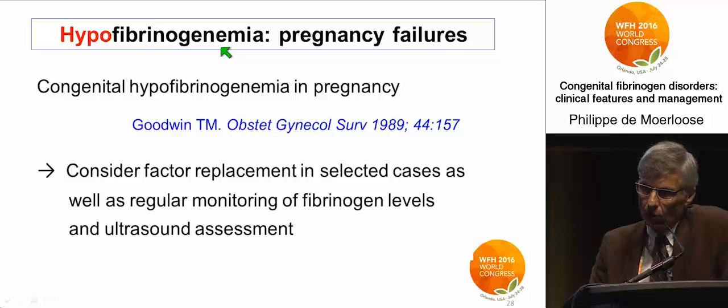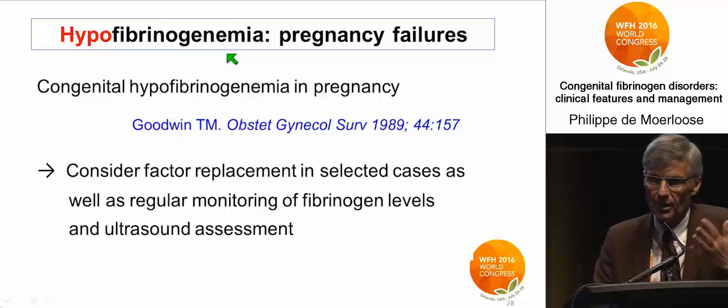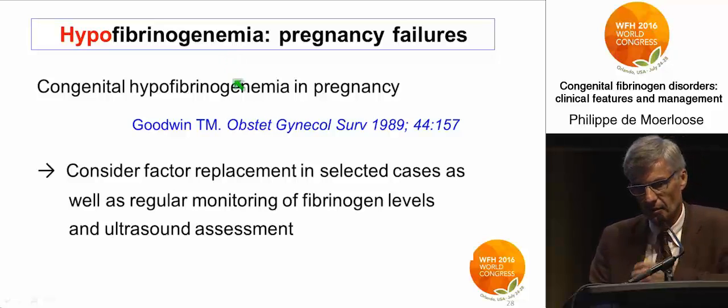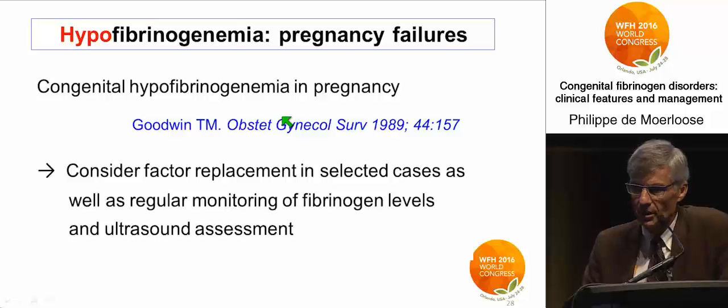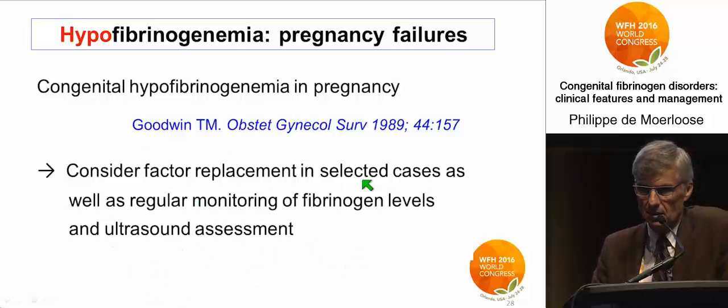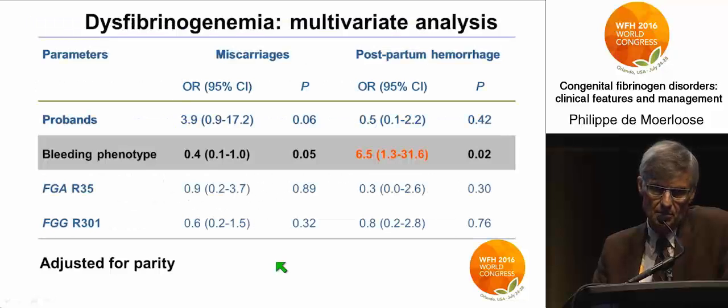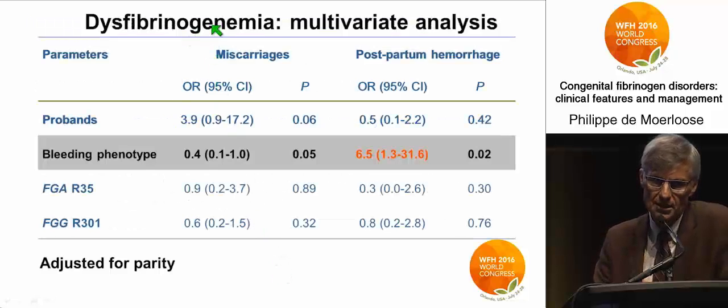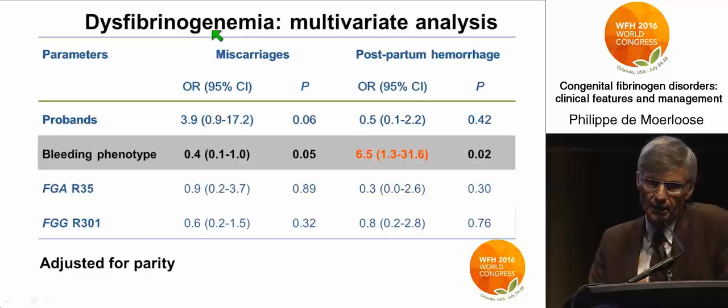Hypofibrinogenemia women can also have a problem with pregnancy. Usually we think that a 1 gram level is enough. It's not true. There are some women that we follow who are just unable to carry on a pregnancy, and when you substitute them, it was possible. So consider factor replacement in selected cases, absolutely not in all cases, as well as regular monitoring of fibrinogen level and ultrasound assessment in these women. Concerning dysfibrinogenemia, the only predictive risk that we could find was a bleeding phenotype.